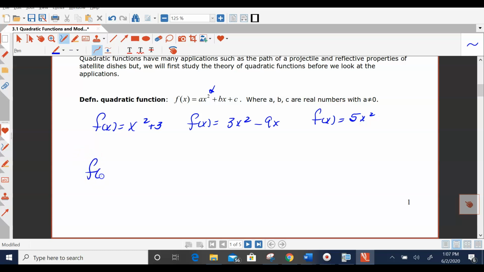Or we could have f of x equal x squared plus 6x plus 5. Notice the highest degree in all of these is 2. And so if I were to graph each of these, the graph would be a parabola. Now sometimes our parabolas open up and sometimes our parabolas will open down. And we're going to talk about some of the theory that goes with that.